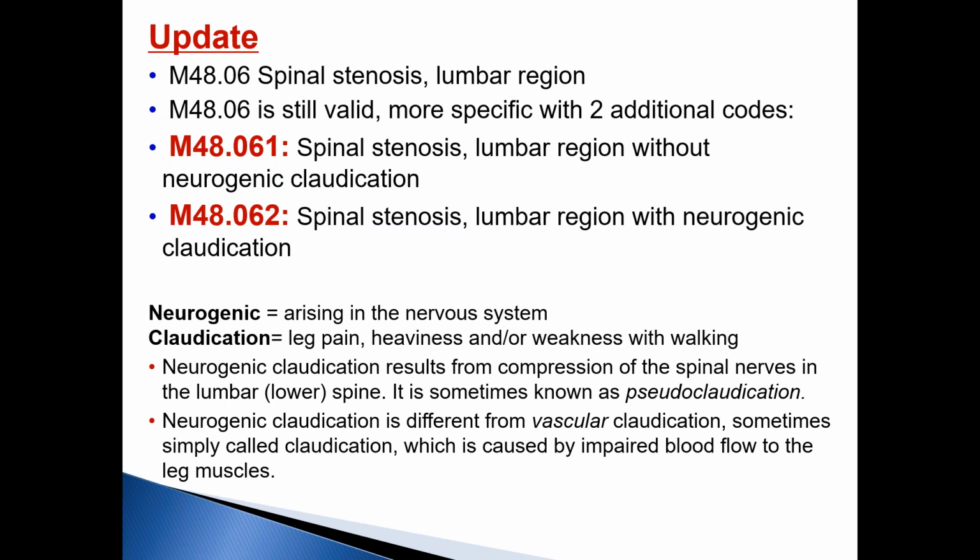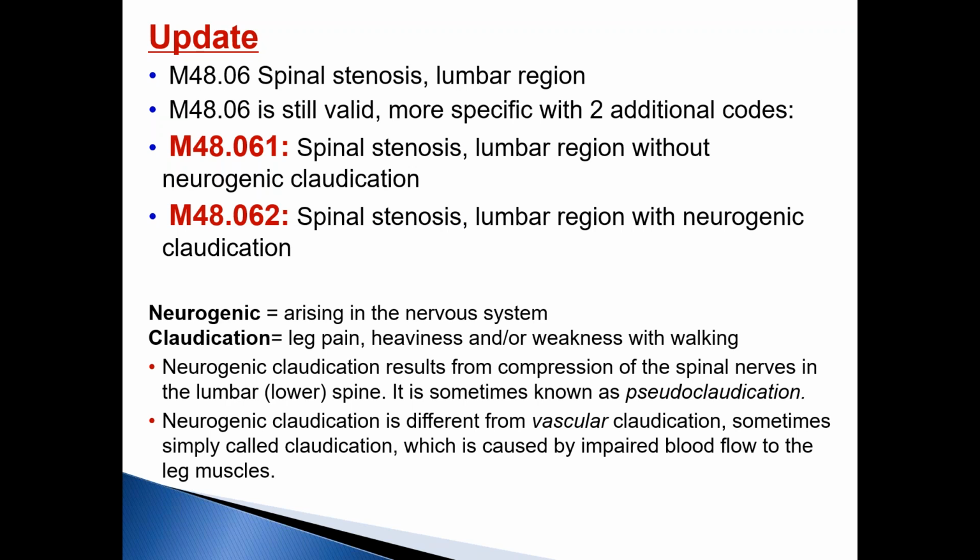Now, this is what has been happening when I've been explaining this code to my clients. And these came out back in, I think, July or August. So I've been giving my clients a heads up on this code. And then I have doctors that I work with in practice 5 years, 10 years, some in practice 20, 25 years, and they didn't know what neurogenic claudication is. That's okay.